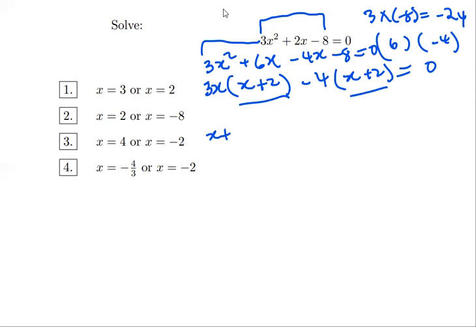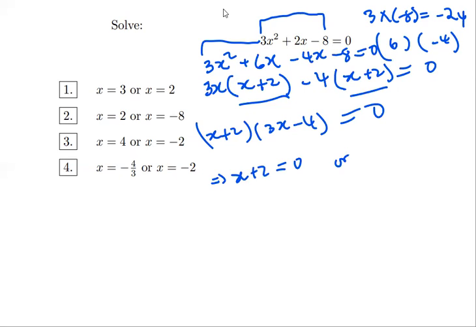So we can pull out x plus 2 and 3x minus 4 equals 0, which tells us that x plus 2 equals 0, or 3x minus 4 equals 0.